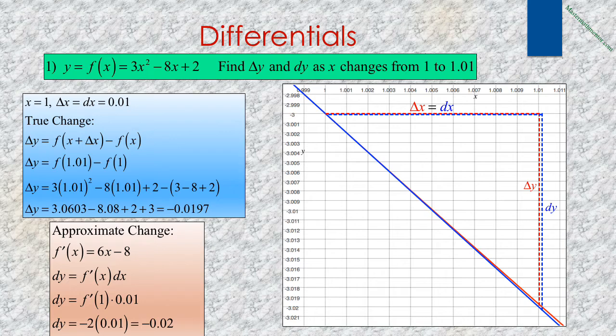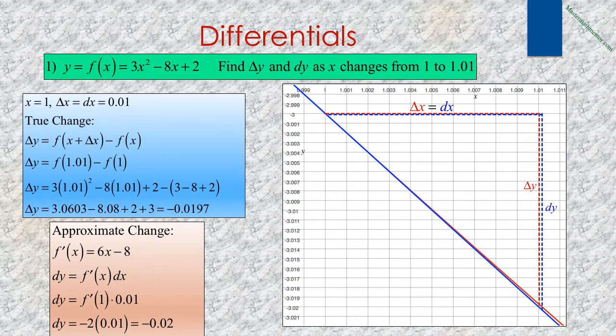We use the fact that f prime of x equals 6x minus 8 and state the differential form dy is equal to f prime of x dx. So dy at x equals 1 is f prime of 1 times 0.01, which is negative 2 times 0.01, which is negative 0.02.